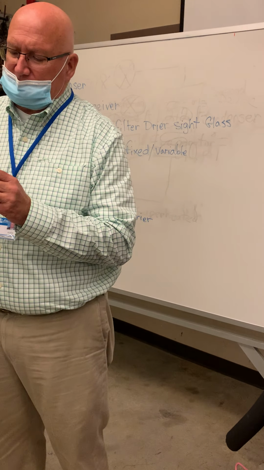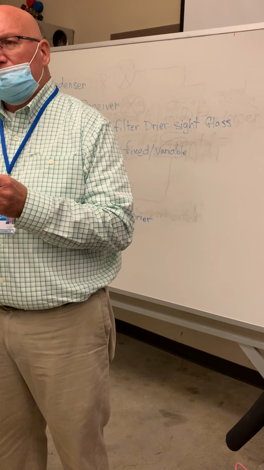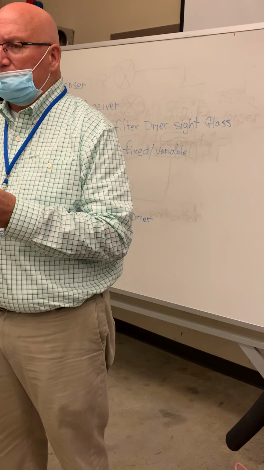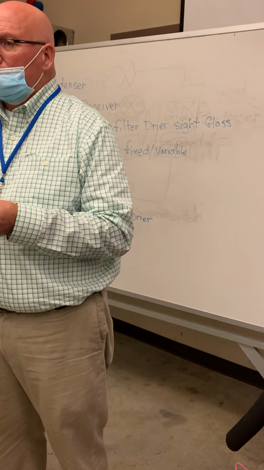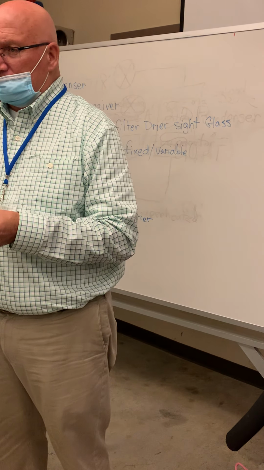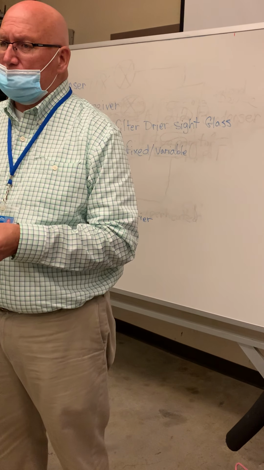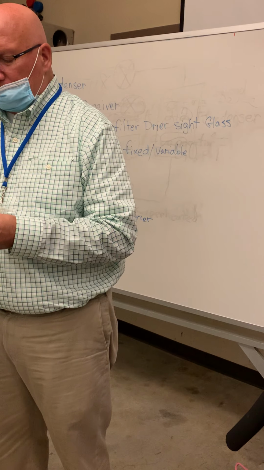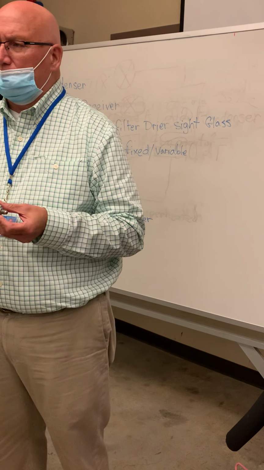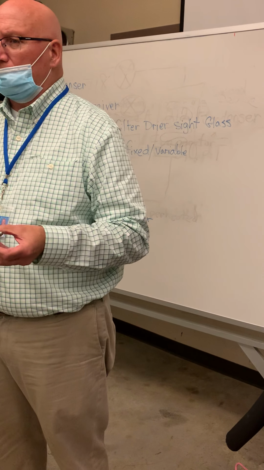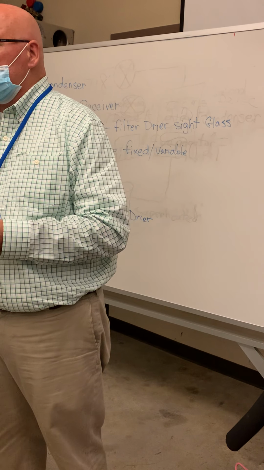And the sight glass has this little color-coded button right here, and it tells you whether the refrigerant is in a dry state or a wet state. Does it have moisture from the air in it, or is it not? And so it'll tell you. When it's green, you're good to go. When it's yellow, caution. You're going to come to a stop because it means there's a lot of moisture.